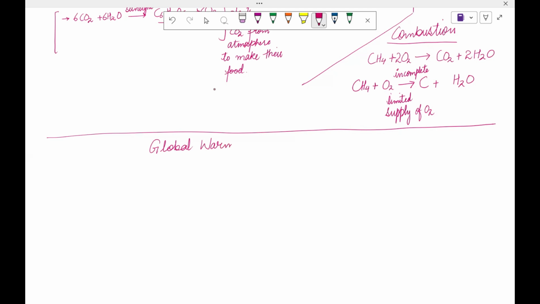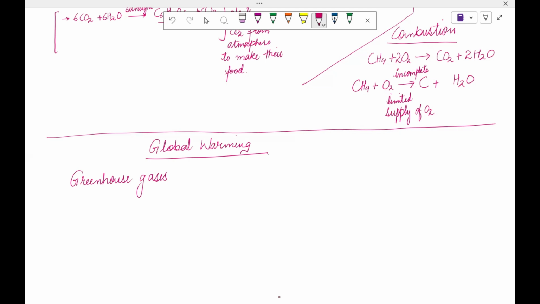First of all, let's discuss the process of global warming. There are certain gases in the atmosphere which are called greenhouse gases. Which gases come under them?